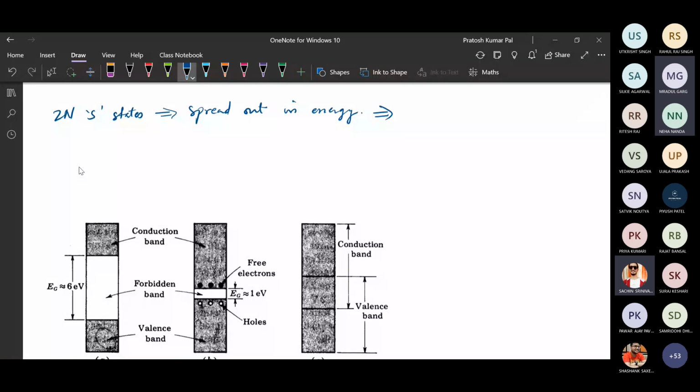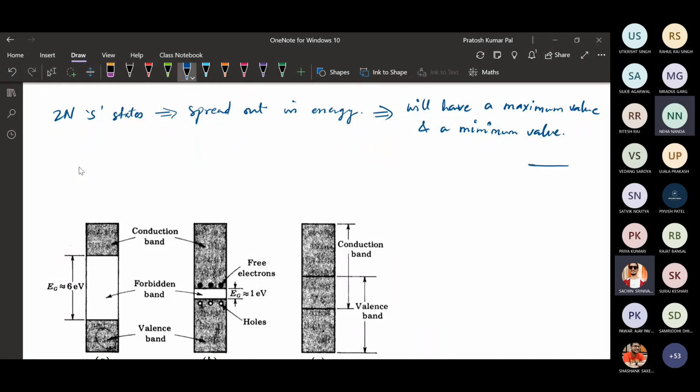This spread will have a maximum value and a minimum value.